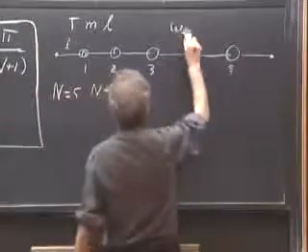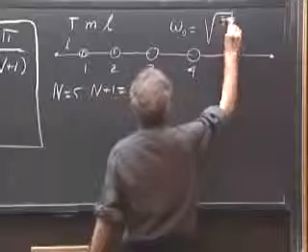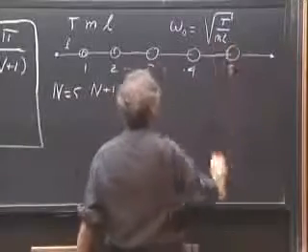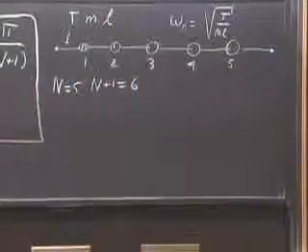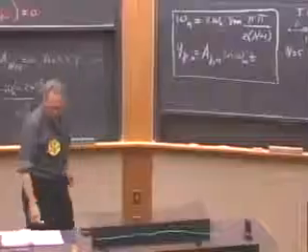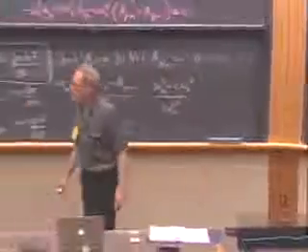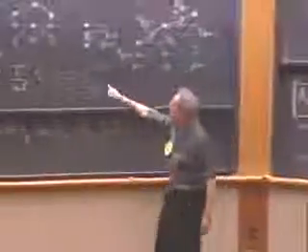And then omega 0 is the square root of T divided by ML. I'm interested in knowing what the frequency is in the lowest possible mode, which is going to resemble something like this.